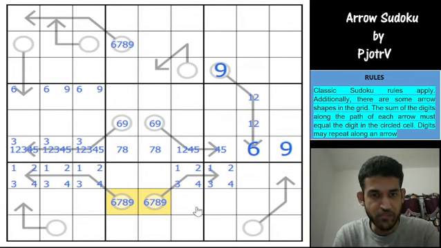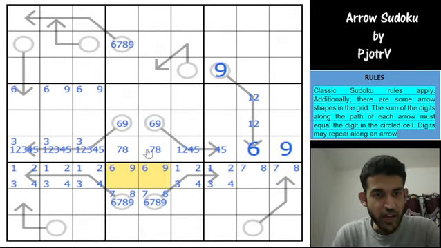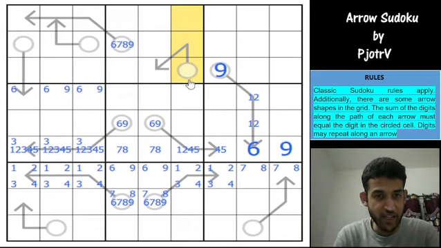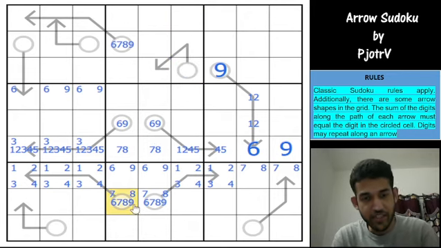If they are 7 and 8, the 7, 8 in this row goes here and that becomes a 6 and 9, right? And now if you look, you have 6, 7, 8, 9 here, you have 6, 7, 8, 9 here, which basically means that you need to have 6, 7, 8, 9 in these three cells using the classic rule, right?